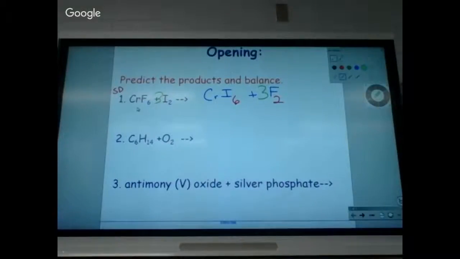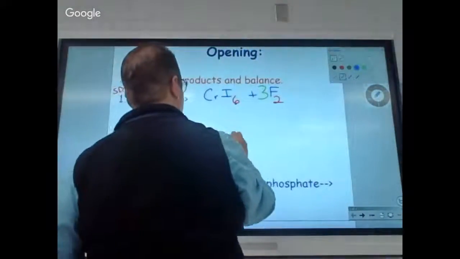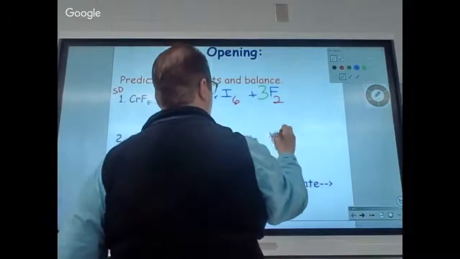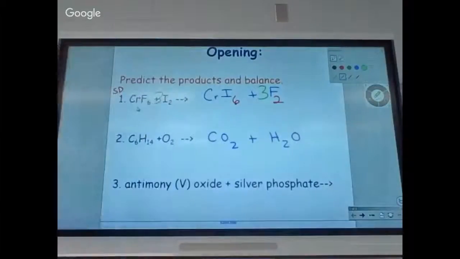So if it's combustion, you don't have to switch anybody. You don't have to figure out who displaced who. You know the two products in combustion. So all you do is write CO2 plus H2O, and you are ready to balance. That's it.